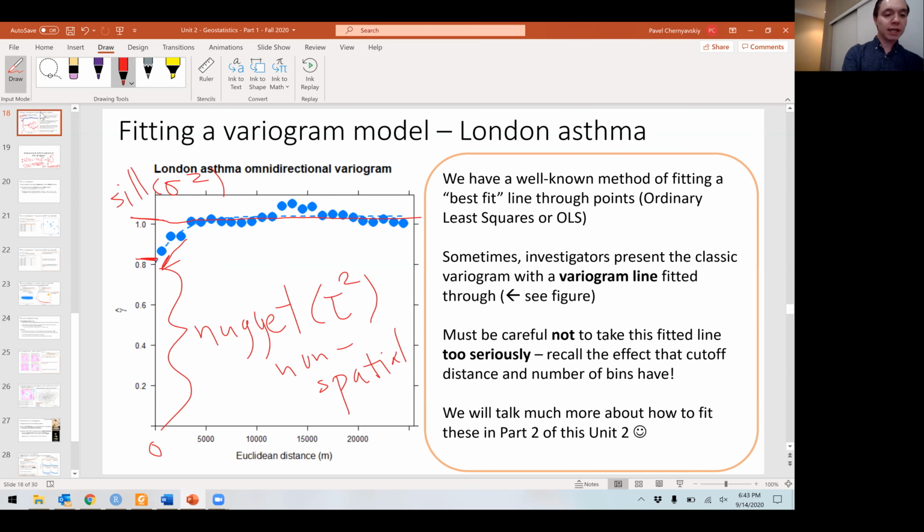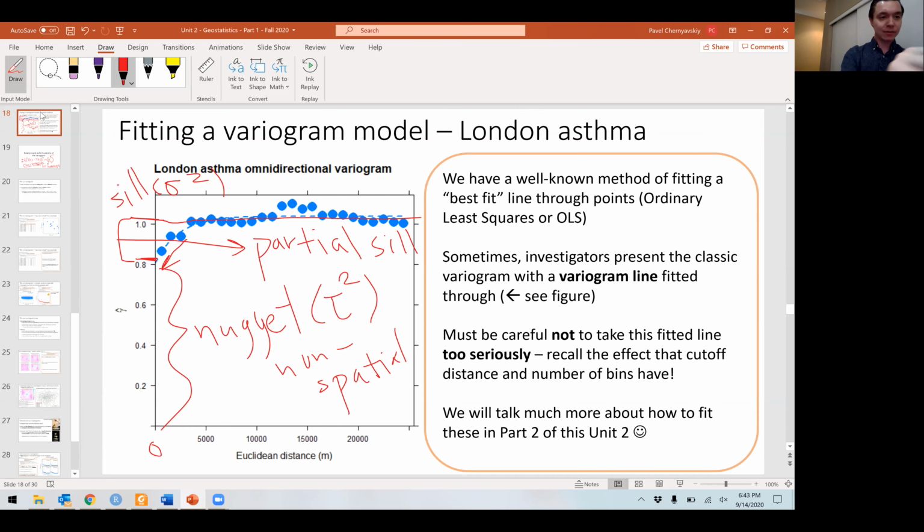The difference between them is called the partial sill. And the partial sill is the estimate of the spatial variance, the amount of variability that is due to spatial correlation, spatial location, spatial process.